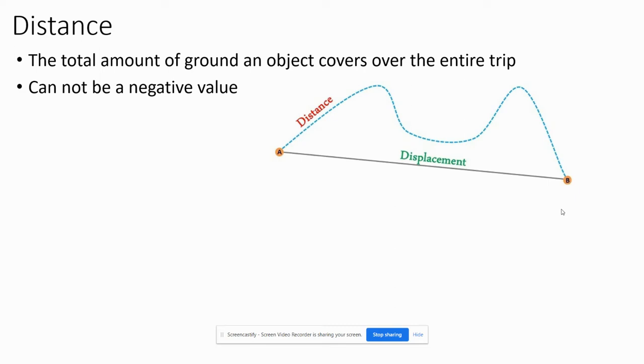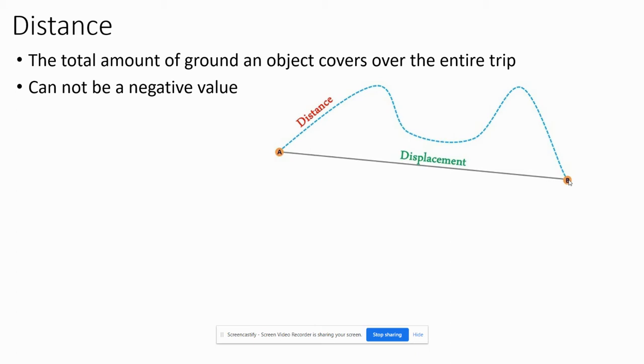This is a nice little diagram that shows the difference between distance and displacement, and we'll revisit it when we talk about displacement. But just for distance, if I start here and I drive along this dotted line around all these curves and end at B, that is the distance I've covered. Most cars now can tell you your distance because they record it in the odometer.